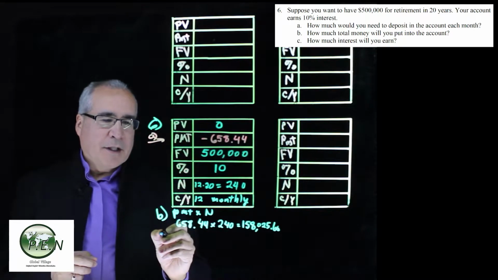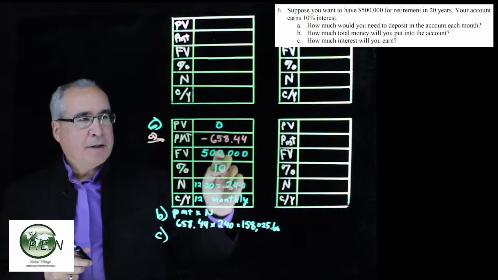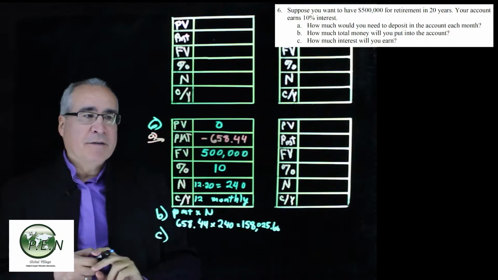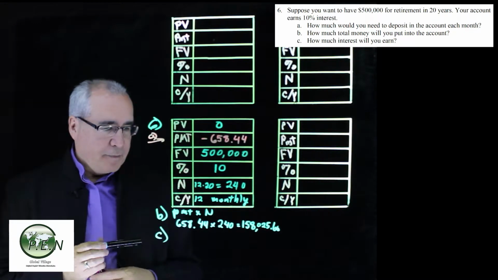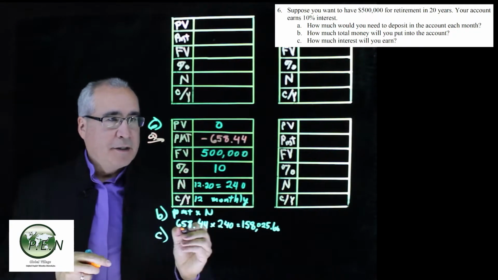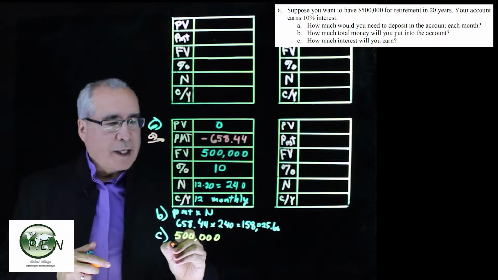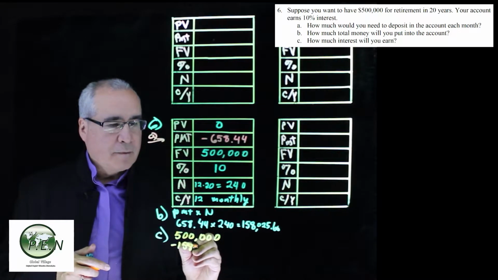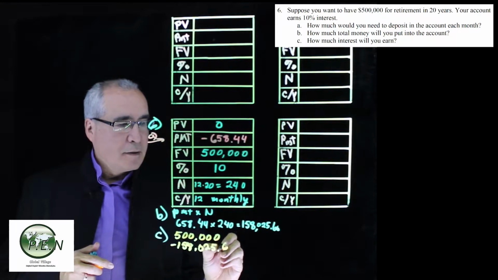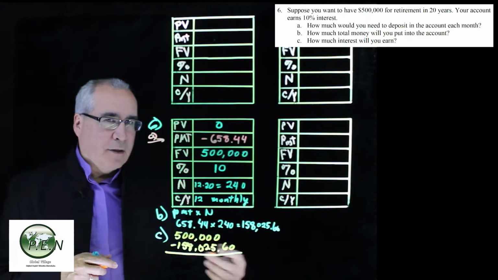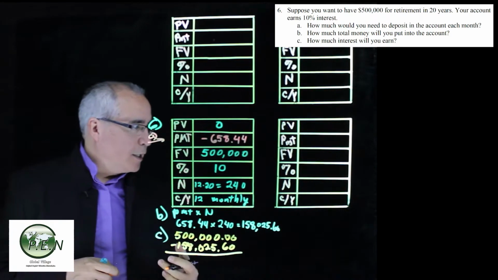So then the question comes up, how much interest did we earn on this account? Well, anything above this, towards that 500, it's a lot of interest. So we take our future value, use a new color. We take our 500,000 that we ended up with, we subtract what we put in, and this will give us the amount of interest we earned over those 20 years.